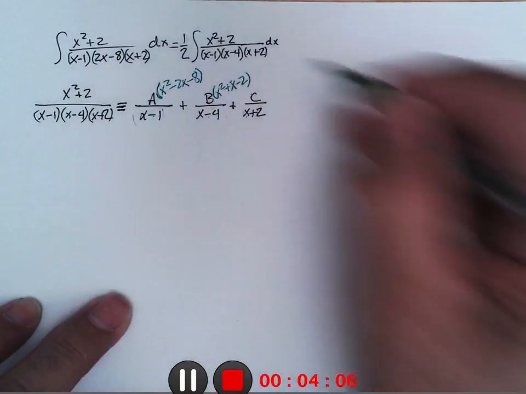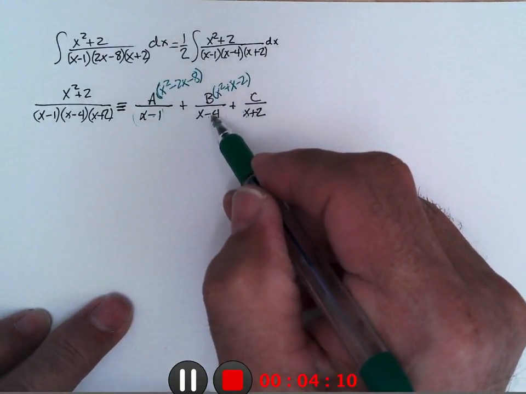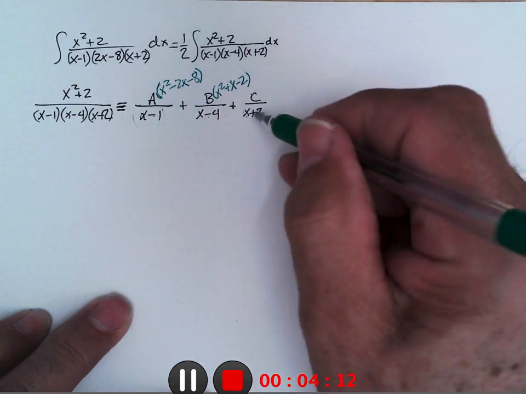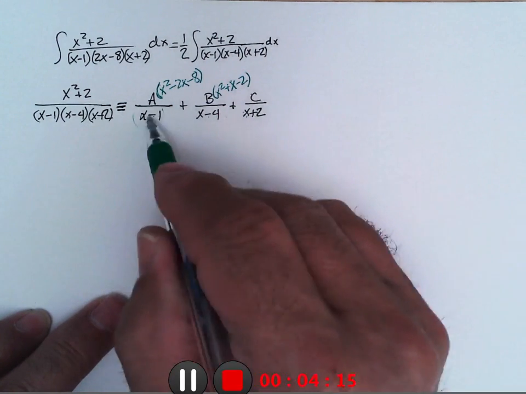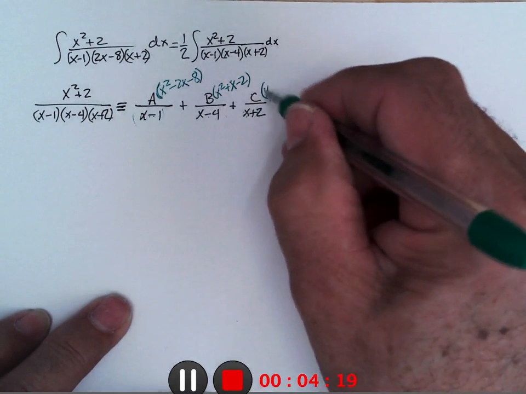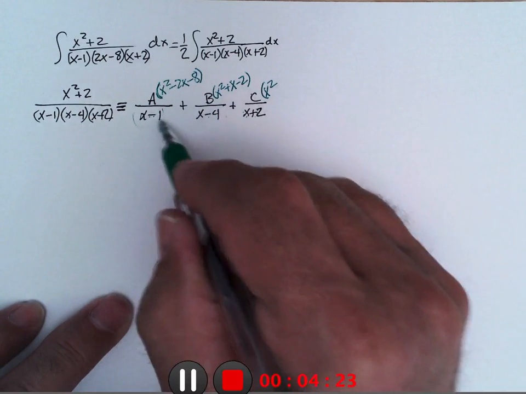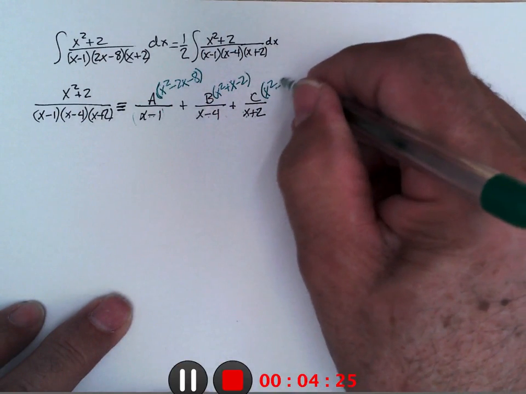That's what I'd have to multiply the numerator and denominator by to get a common denominator. And then this one I'd have to multiply by these two, which would be x squared minus 4x minus 1x, minus 5x, plus 4.